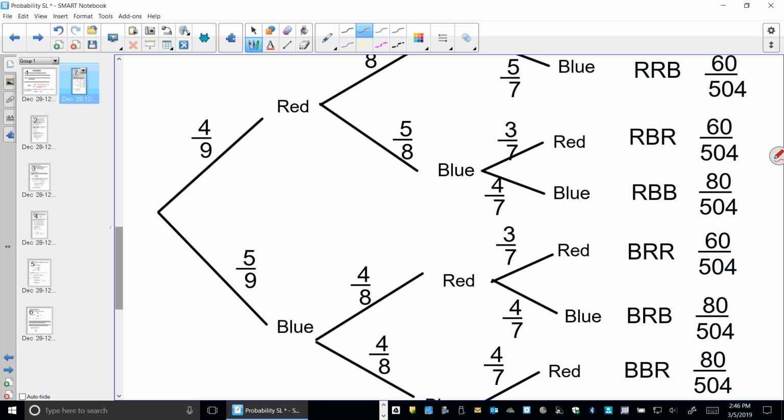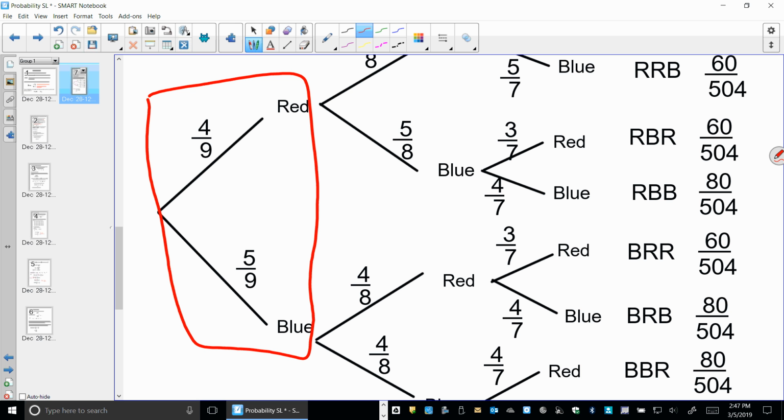So this here would indicate that in a bag I've got red and blue discs, and that I can take out a red disc or a blue disc. That's where I got that branch from. The fact that I've got a second set indicates that I'm doing that for a second time. And the fact that I've got a third set means I've done it for a third time.